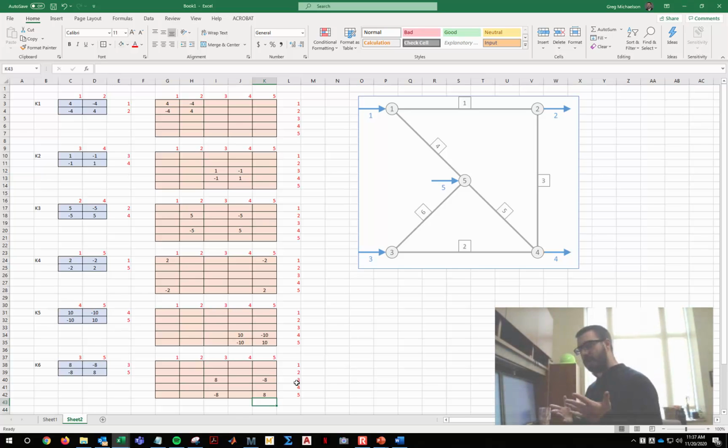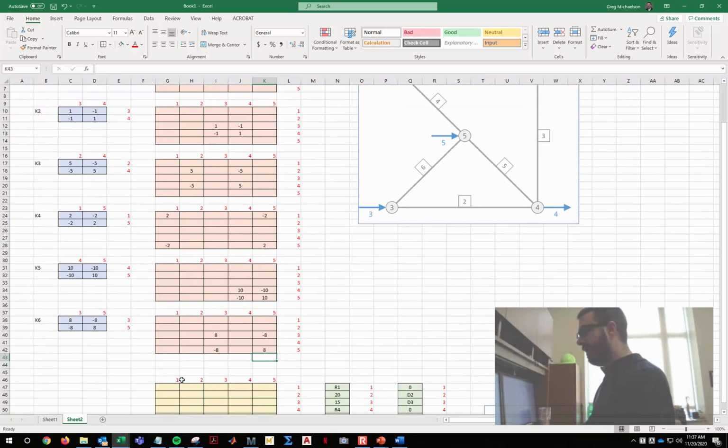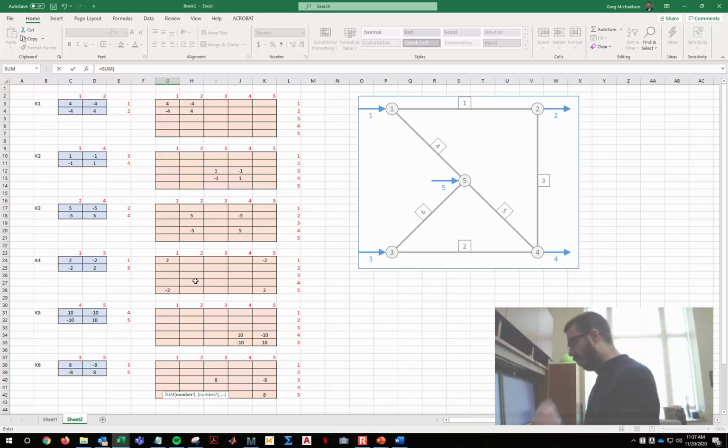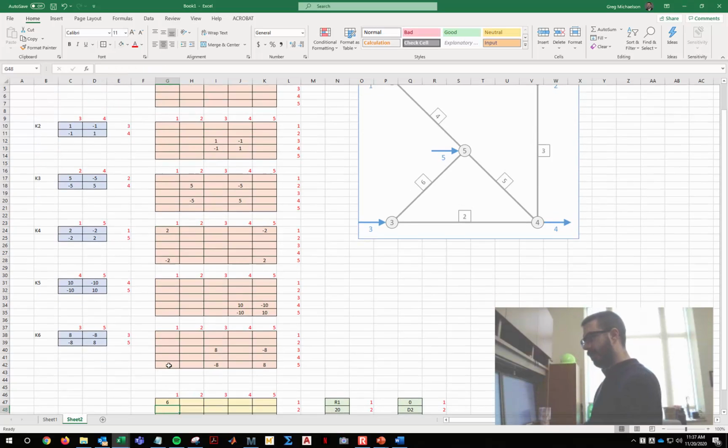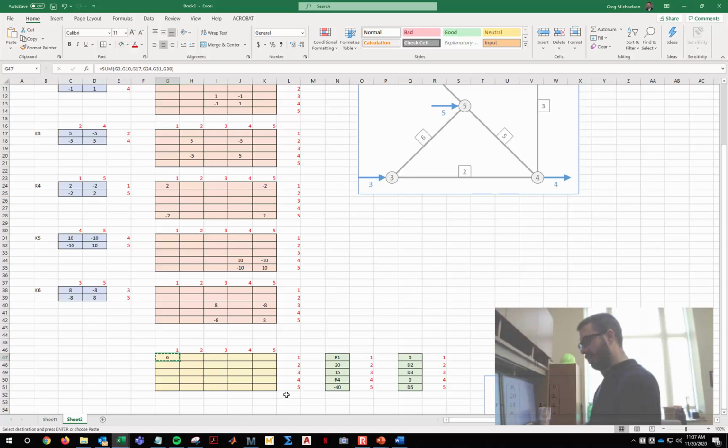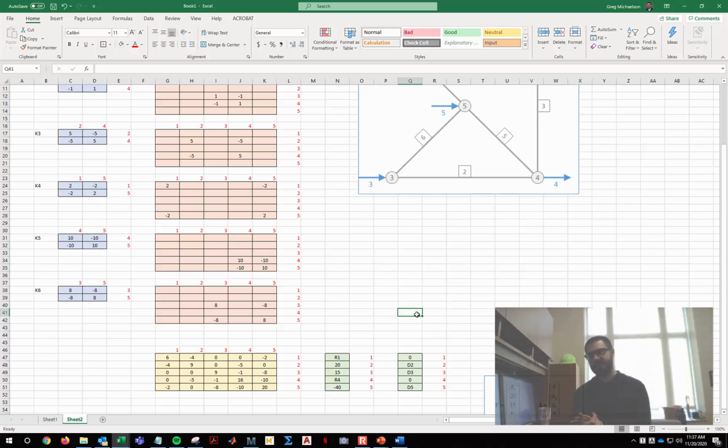And so if you want to assemble, just again, sum each term. So equals the sum of, and then 1 to 1, we're summing that, that, that, that. Sum each term 1 to 1. And then take that, copy and paste, boom. There's your stiffness matrix for the entire system.